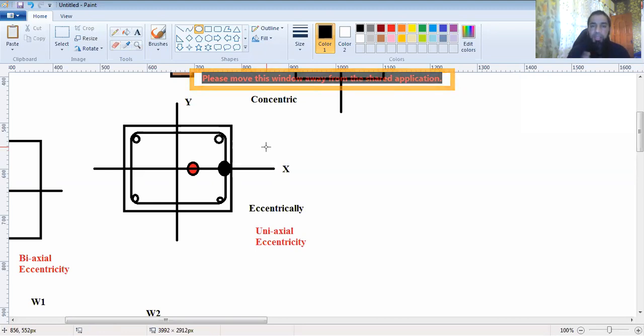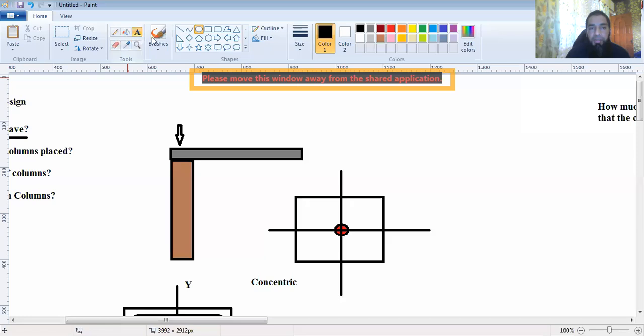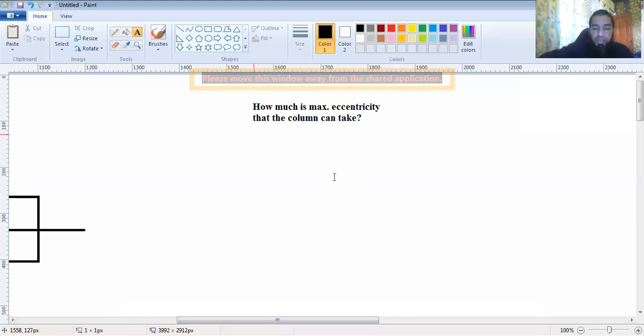Whatever load comes, it is resisted by the longitudinal bars. Now, if the eccentric load is so large that it's outside this boundary, then those loads will not be transferred through the column. Thereby, a large amount of eccentricity is not good for a column. So you have to maintain a balance while designing, so that the eccentricity does not cross the maximum eccentricity.